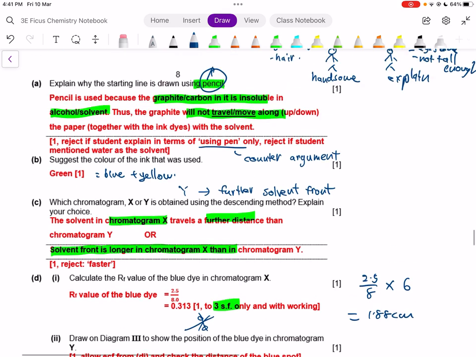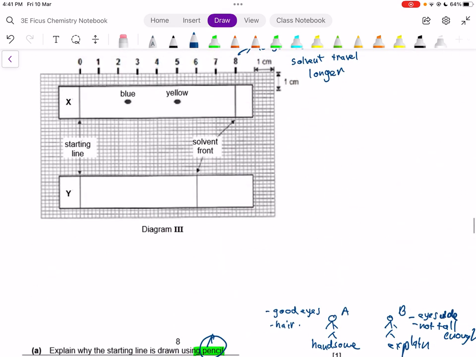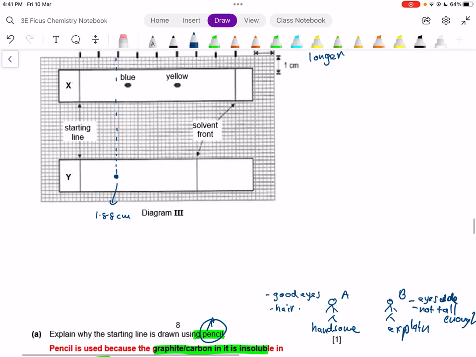Okay, and it should be somewhere here, the middle of the dot should be here. Alright, okay, around 1.88 cm, so near to 1.9 basically.